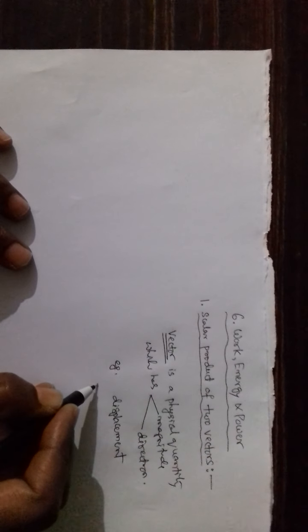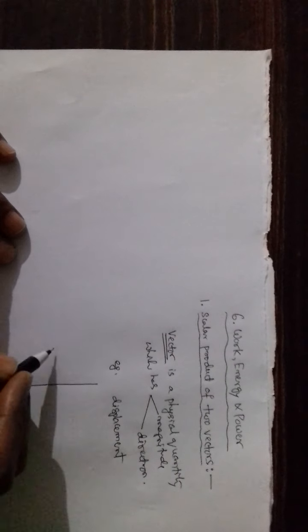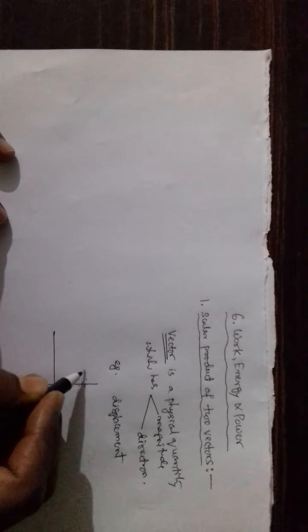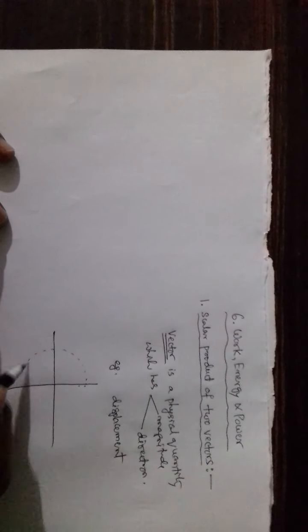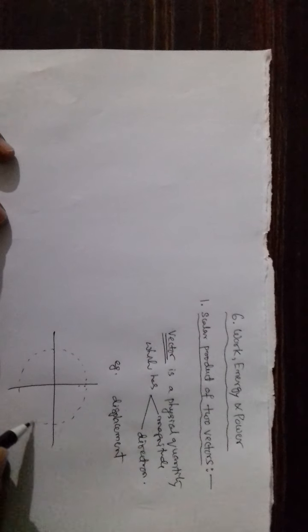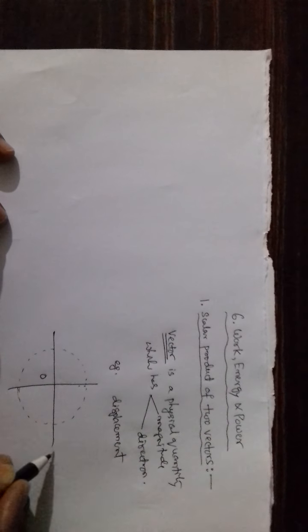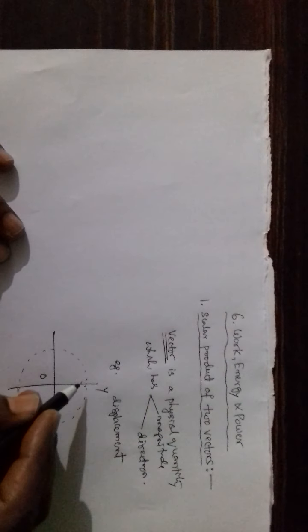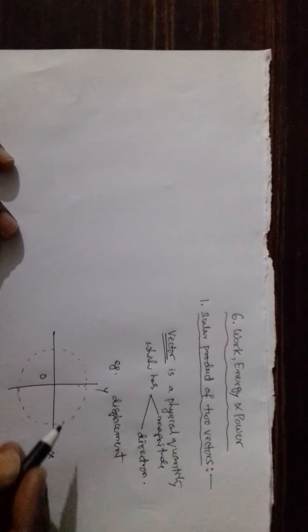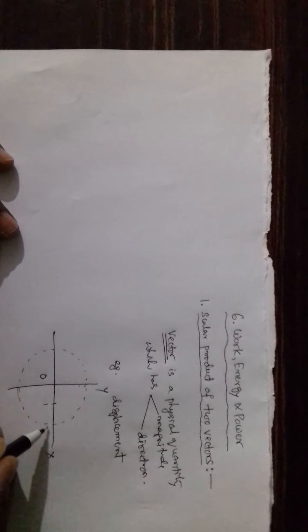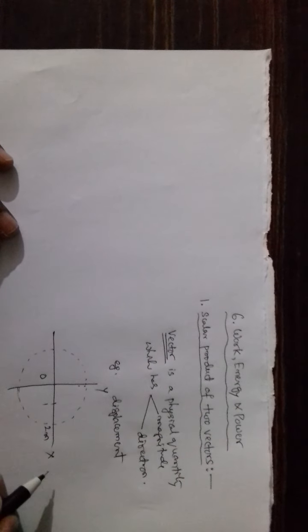Suppose this is origin, this is x-axis, this is y-axis, and I have drawn a circle with radius 2 meters.